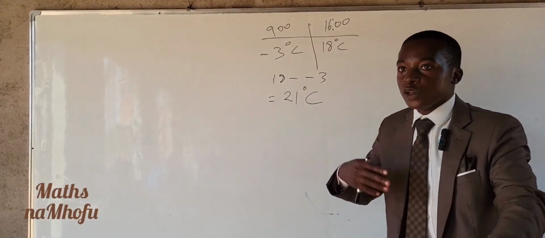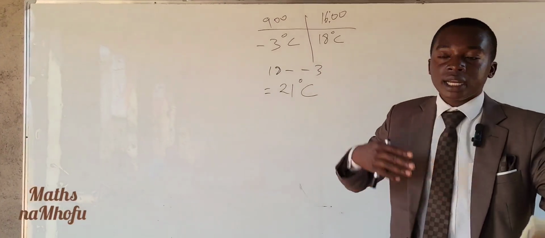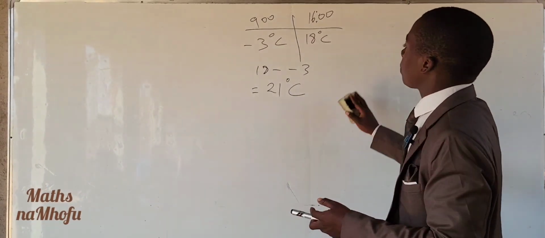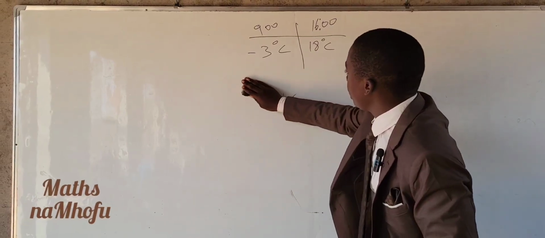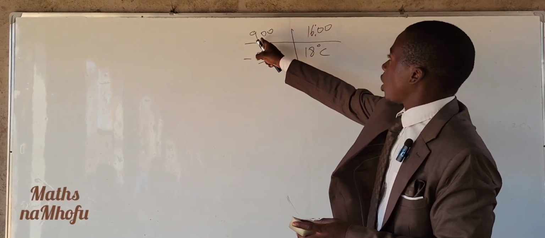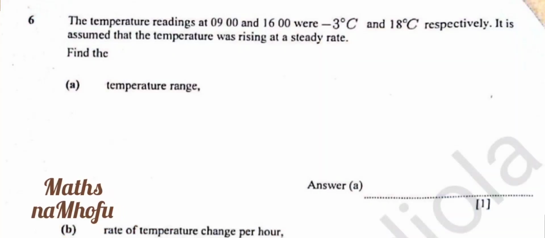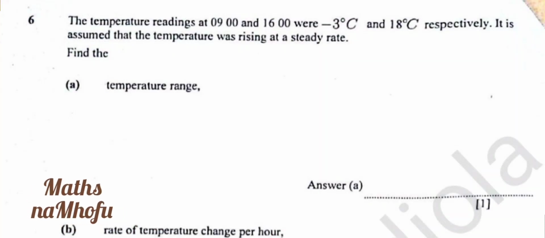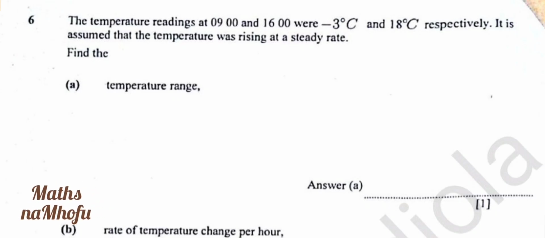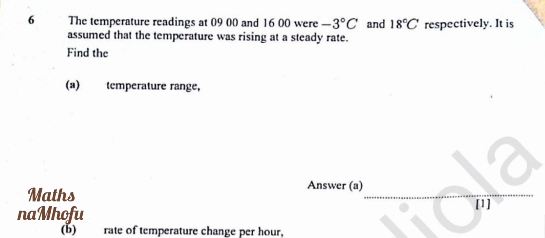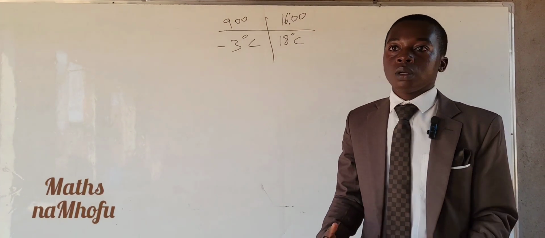You understand? If it was rising by 5, it was rising by 5 after each and every hour. Now, how do we calculate that? The first thing we need to do, we have to calculate how many hours do we have from 9 up to 4.